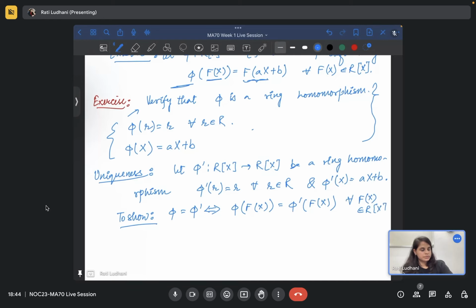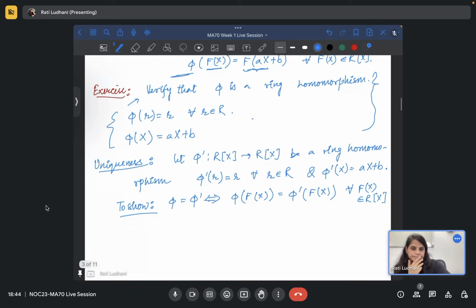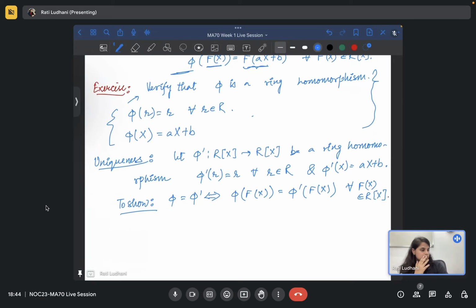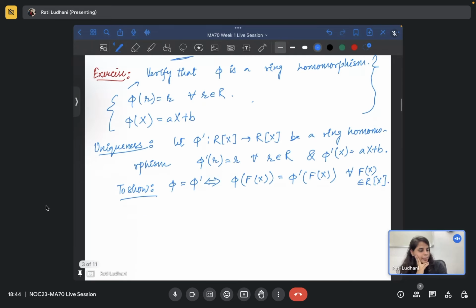So f(x) represents the polynomial. Now, how shall we show that?